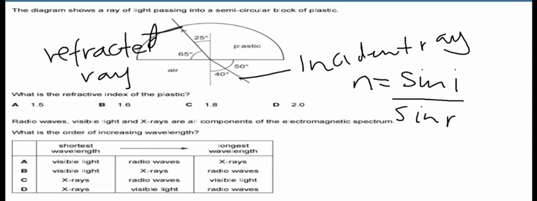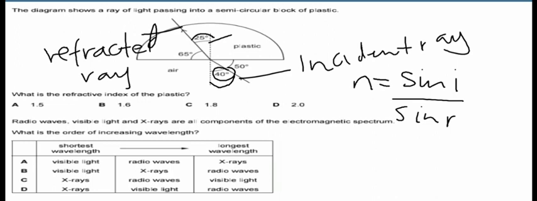I forgot to tell you that this line here is the normal line. So the angle of incidence is created between the normal and the incident ray, and it is 40 degrees. Similarly, the angle of refraction is created between the refracted ray and the normal line, which is this one, 25 degrees.